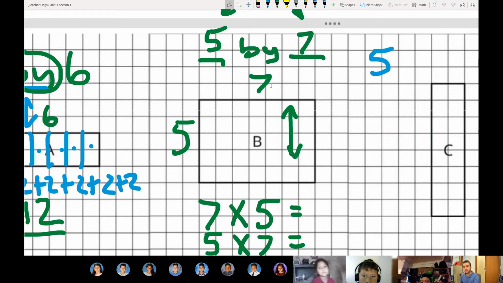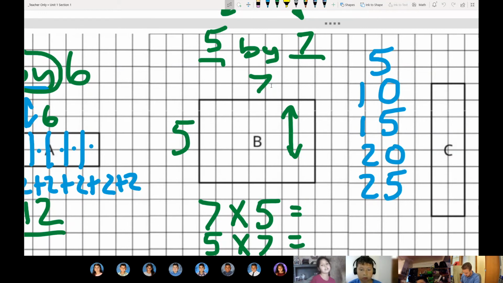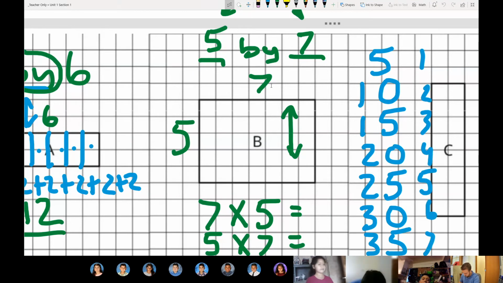1 five is 5. If we count again, 10. 15. 20. 25. 30. 35. Right. There's the first one, second one, third, fourth, fifth, sixth, seventh.